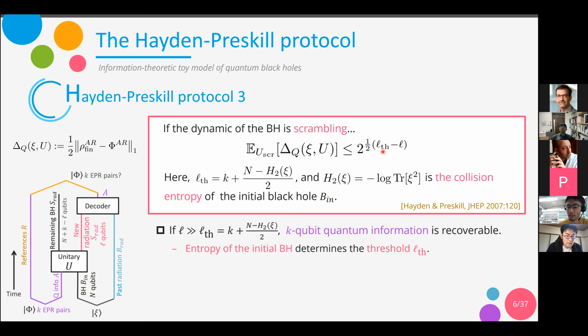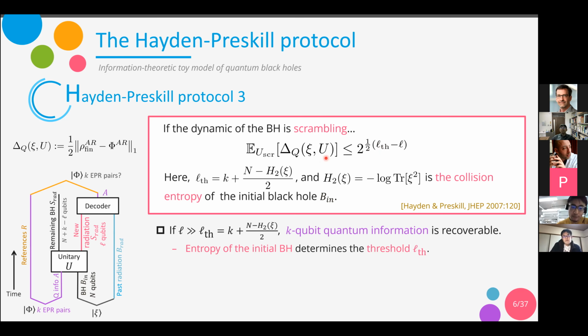So this is basically just an exponential function. And in the exponent, we have some threshold number L minus L_0. So L is again the number of qubits in the new radiation. So if the number of qubits in the radiation exceeds this threshold value, then the error decreases exponentially quickly, and we succeed in decoding the quantum information.